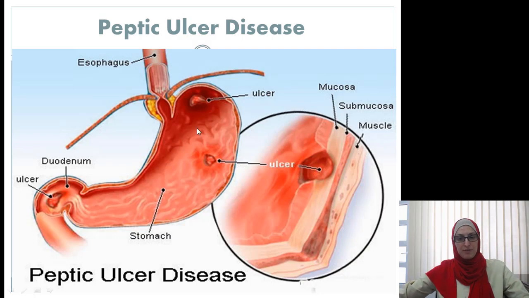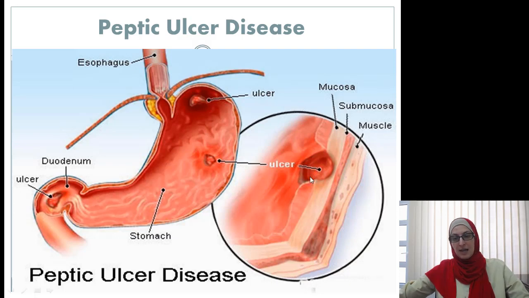So this is an example of a gastric ulcer, and it's just an ulcer that occurs within the lining of the stomach because of the failure of the mucosal lining and the mucus layer that covers the stomach. They failed to protect the stomach from the excessive acidity.